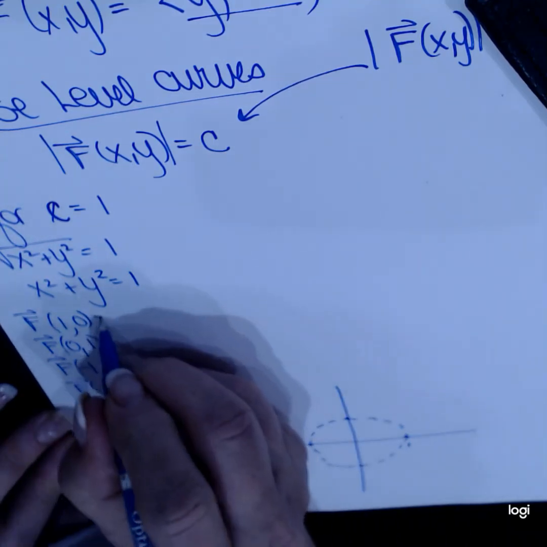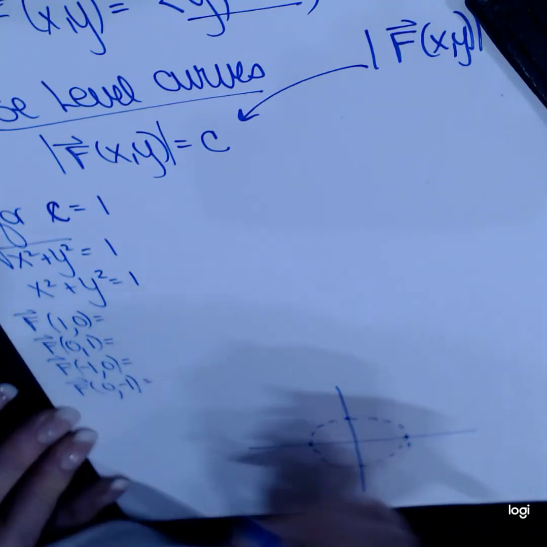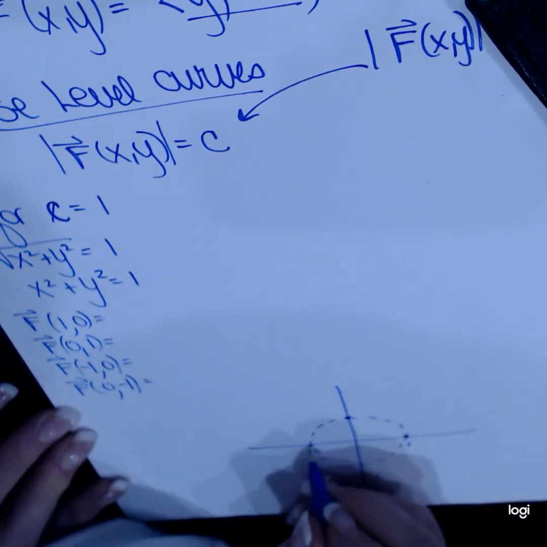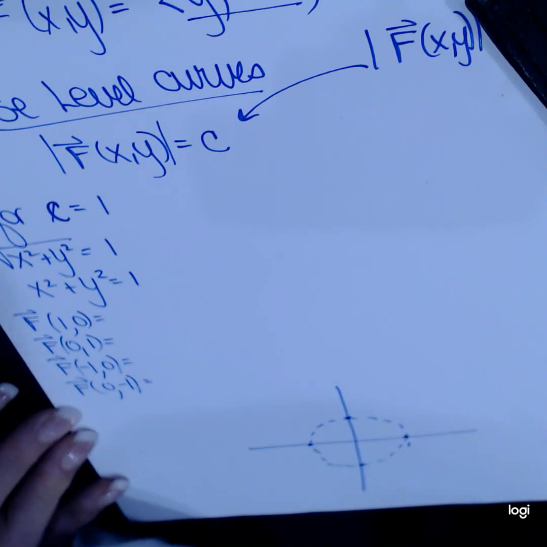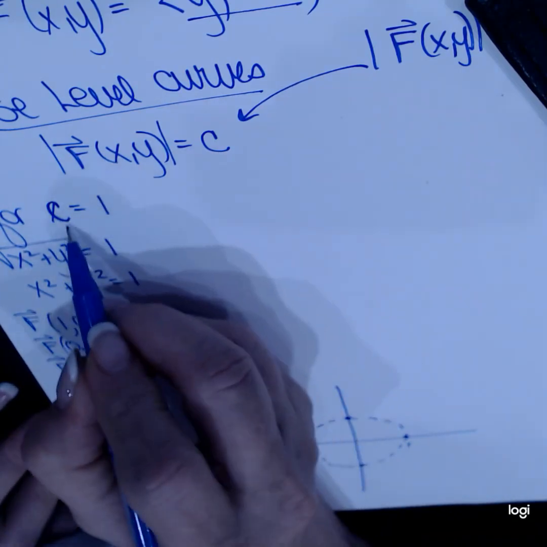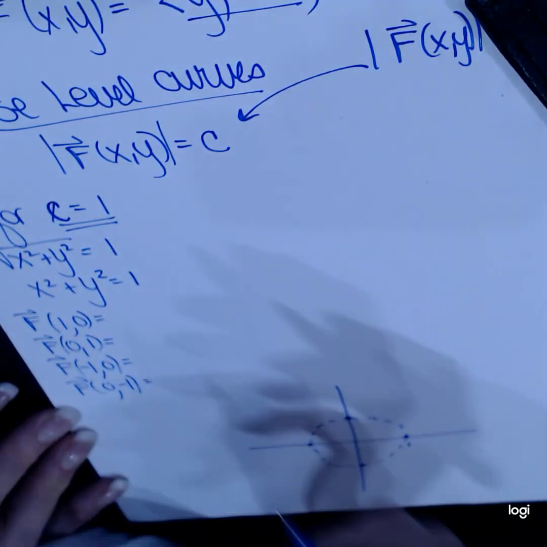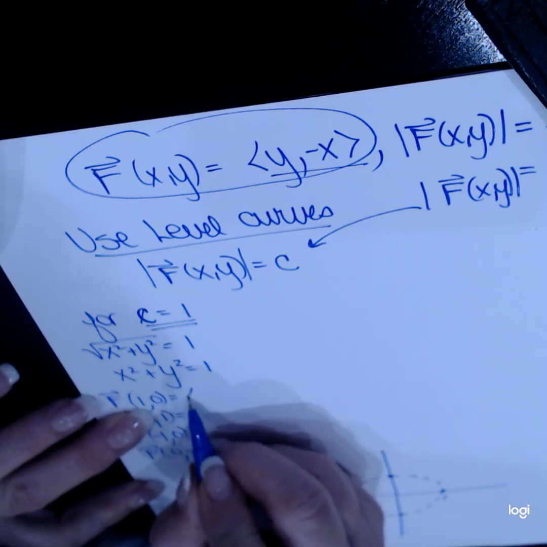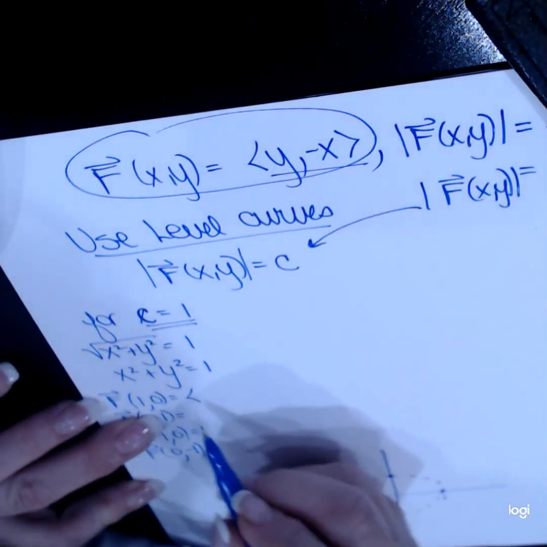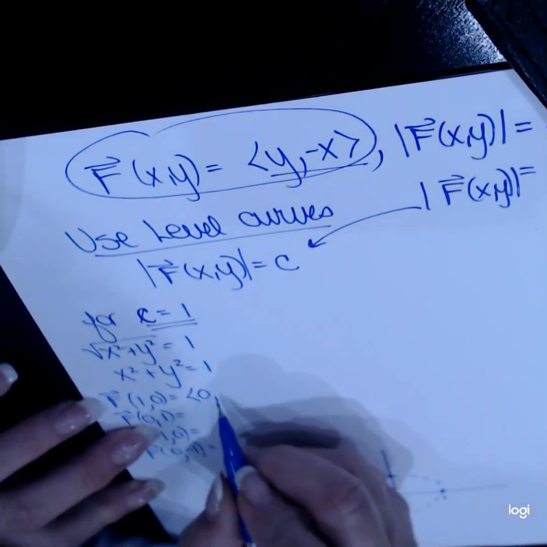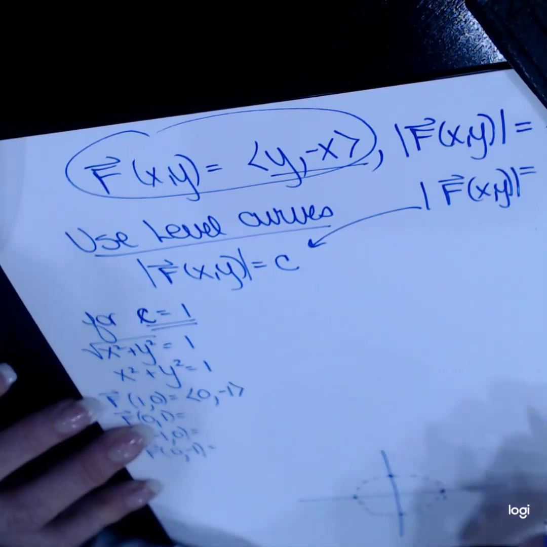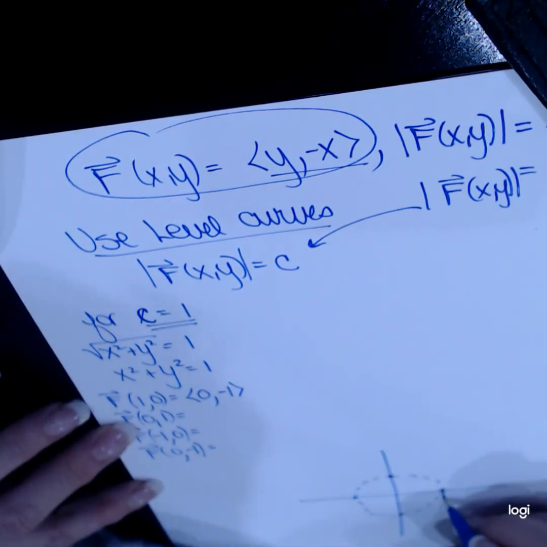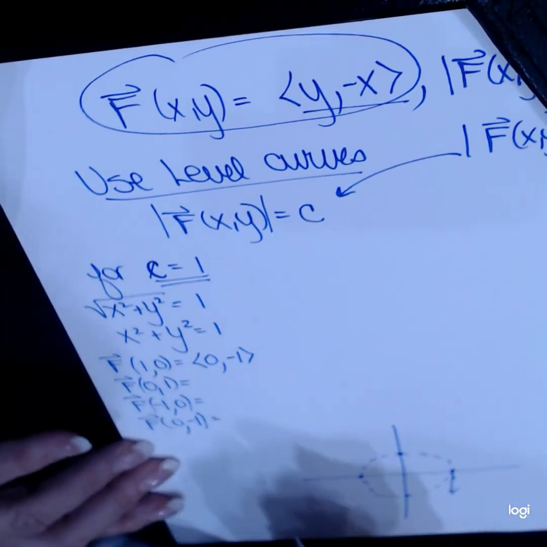And remember, what I get here is a vector that originates from each of the points I have picked, the magnitude of which is 1. So using our rule for our vectors up here, when I'm at the point (1, 0), I get the vector which has components y, which is 0, and negative x, which is -1. So from here, I have a vector which is 0 in the x direction and points straight down 1.